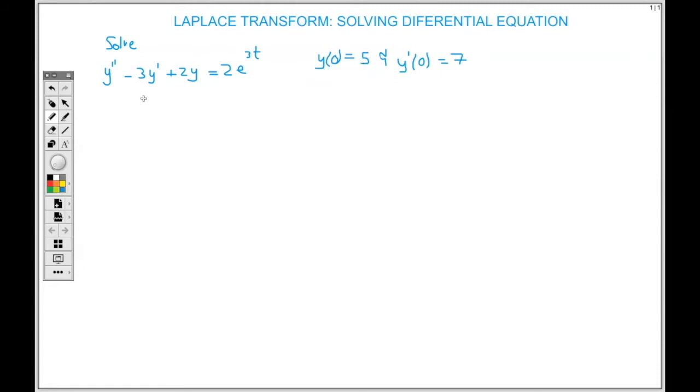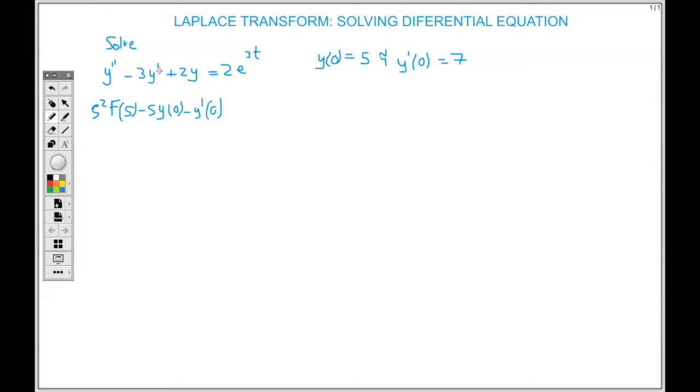Now we are going to solve this by finding the Laplace transform of each individual term. So y double prime, the Laplace transform of this will give us s squared capital Fs minus s times y of 0 minus y prime 0.